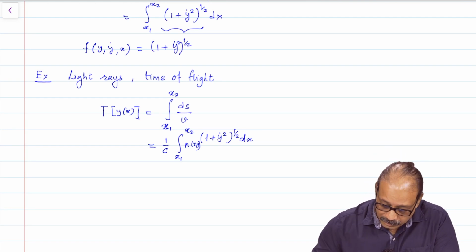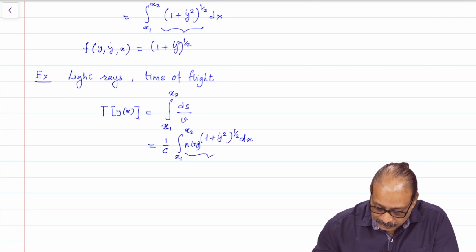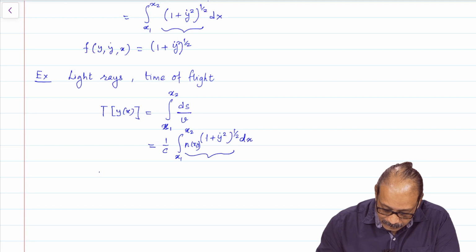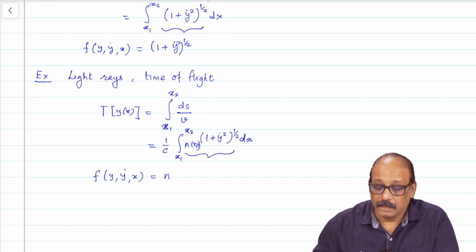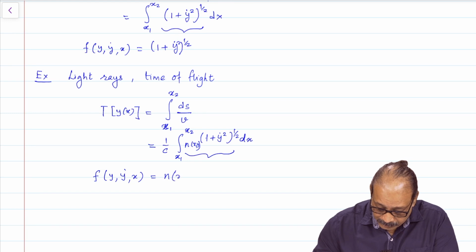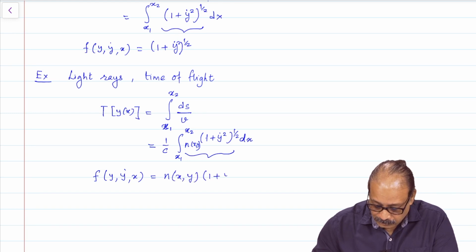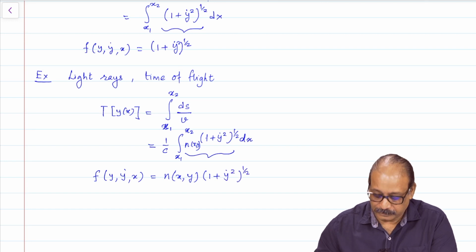So, here again we can identify the integrand function. The integrand function, which is a function of y, y dot and x, is n, which may depend on x and y, into 1 plus y dot square to the power half.